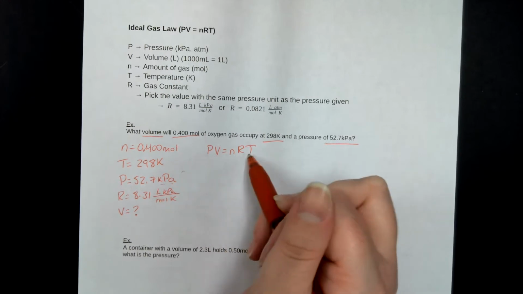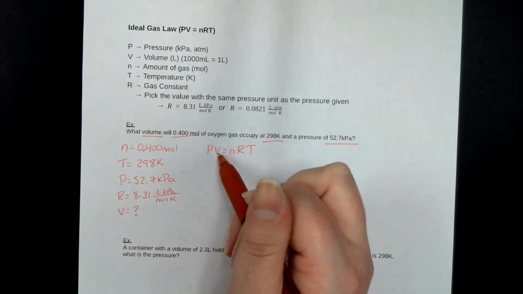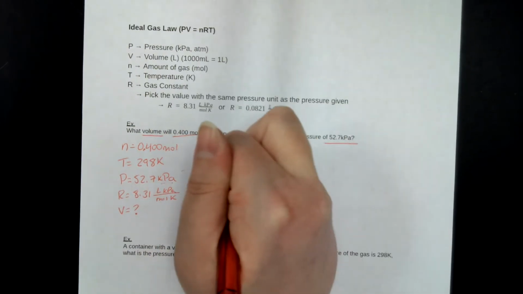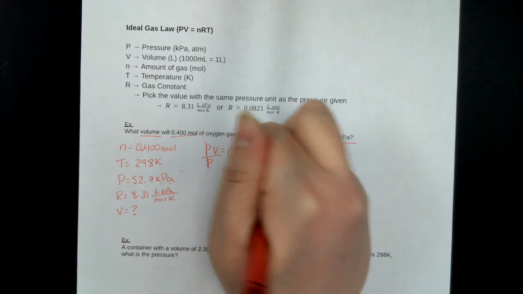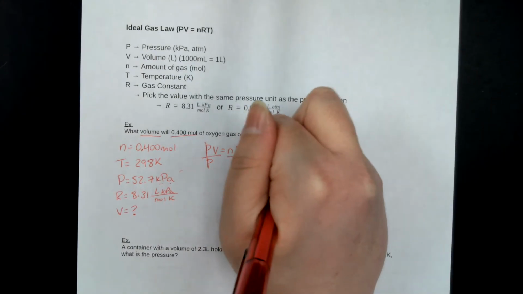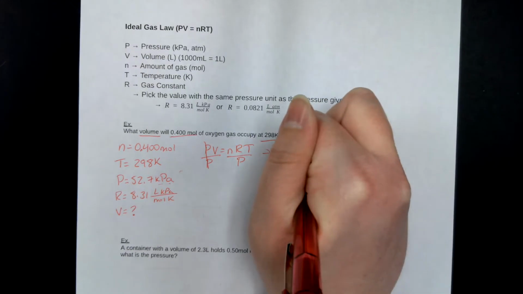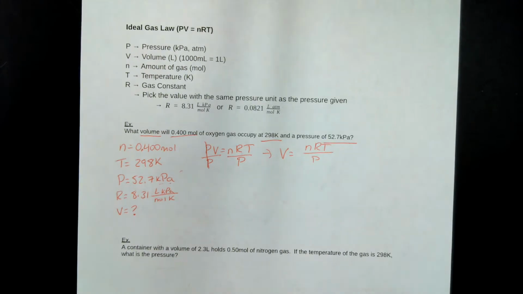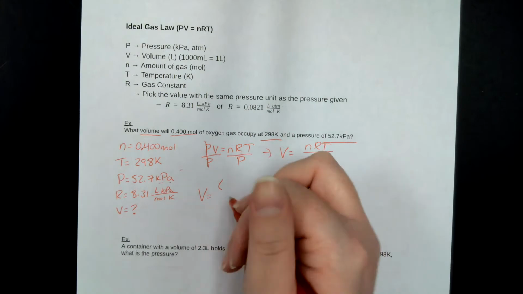So since I'm solving for volume here, I'll take volume and make sure that it is by itself by dividing out pressure from both sides, leaving me with an equation: volume is equal to nRT over P. So I can plug in my values.